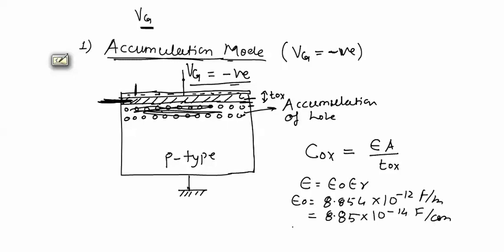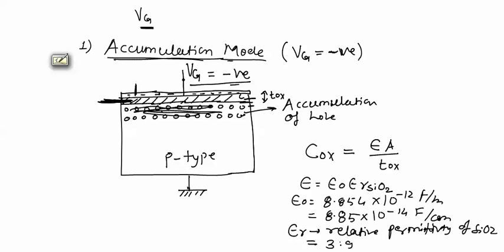While epsilon r is the relative permittivity of SiO2, and it is equal to 3.9.